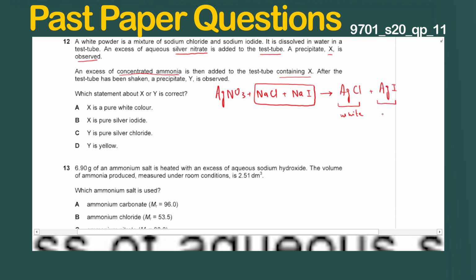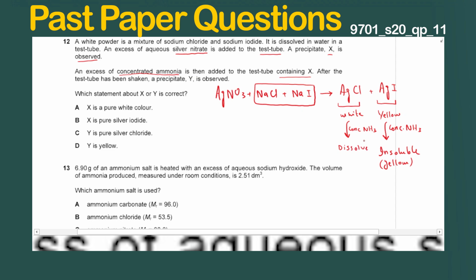Beta ji, we can get the silver chloride, which is a white precipitate, and silver iodide that gives a yellow precipitate. The yellow precipitate, when added into the concentrated ammonia, beta ji, it would remain insoluble, and we will observe the yellow precipitates.